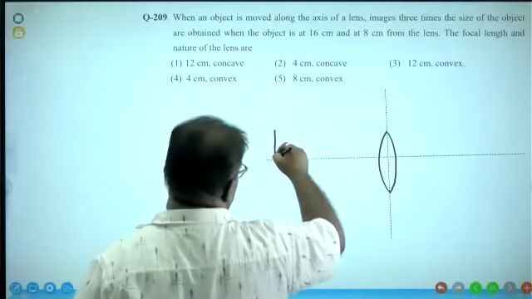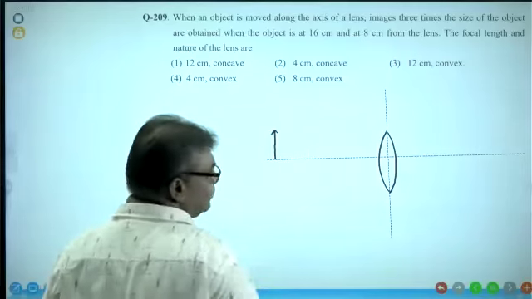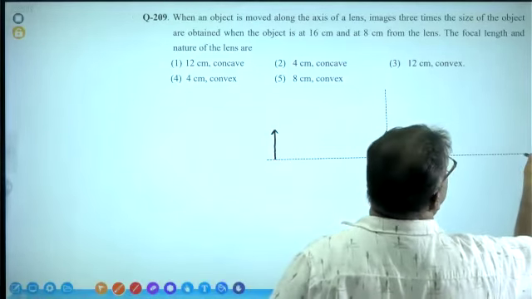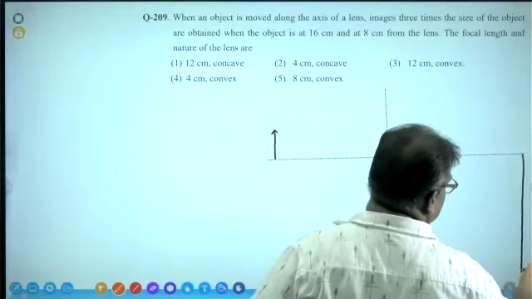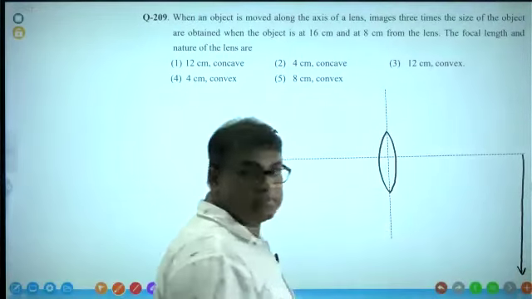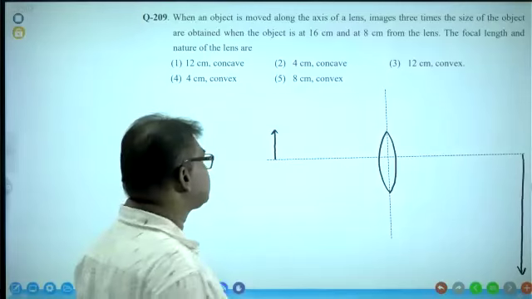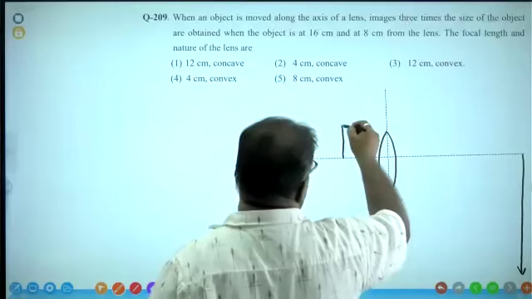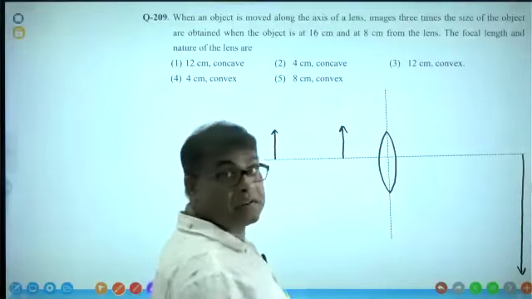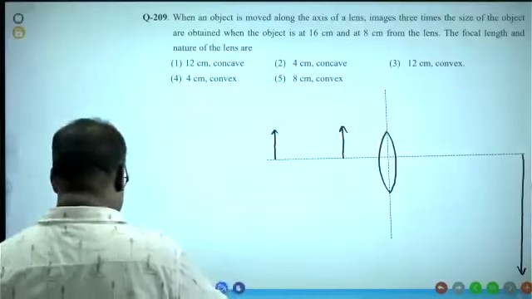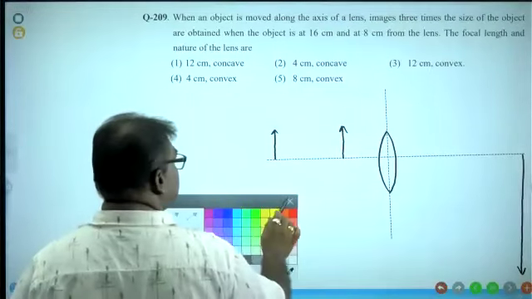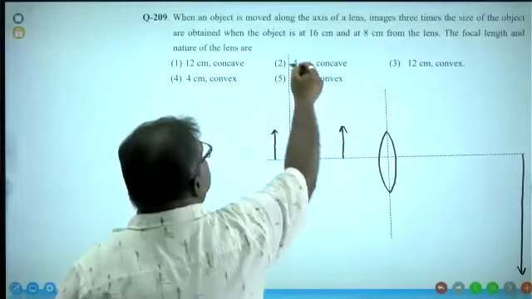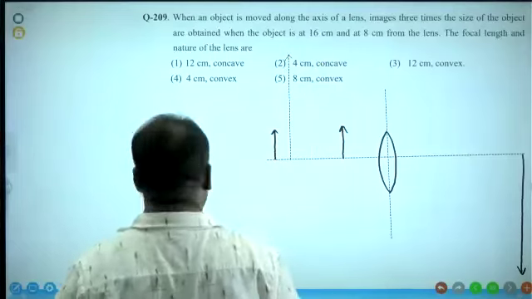Right here, object, then put this 3 times available here, like this, 3 times magnified image. And if it is 8 centimeter, again 3 times, no, then it won't be the real one. It should be a virtual one, like this, 3 times.